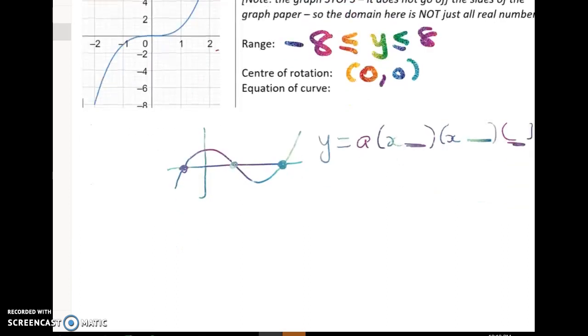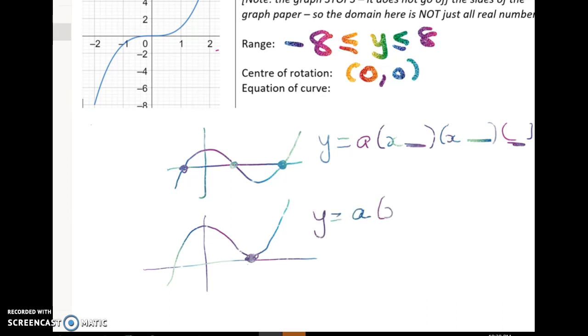If it's got a bounce like this, where it actually touches the axis, then the form is y is equal to a times (x plus b), and if this is at c, this is going to be (x minus c) squared.